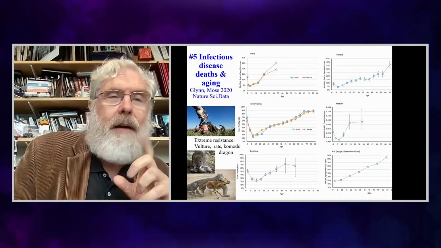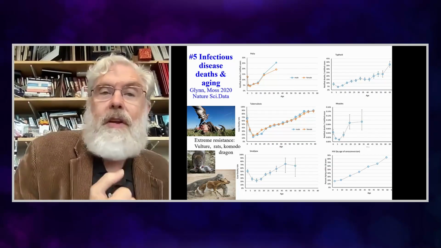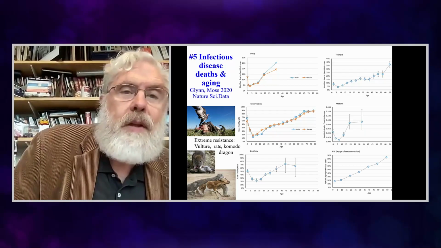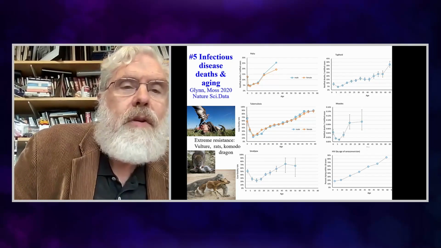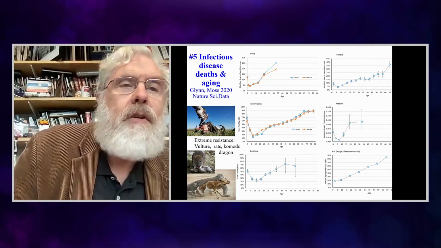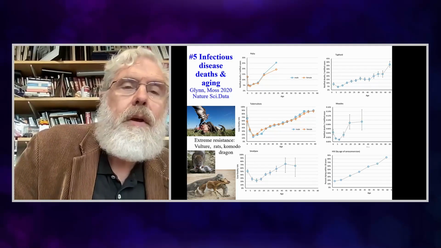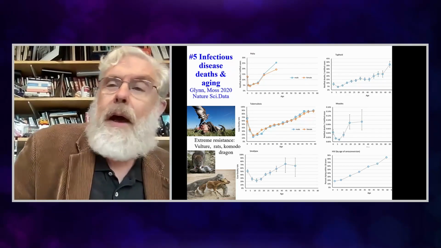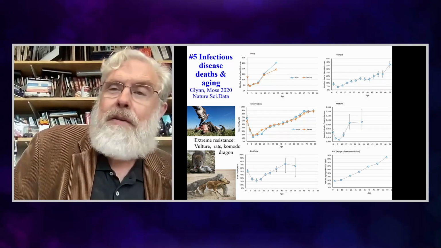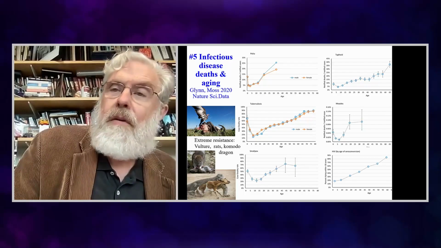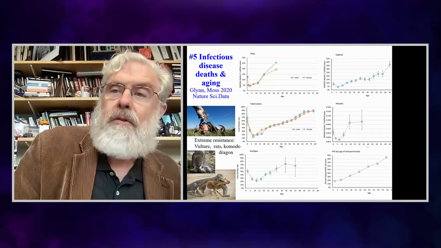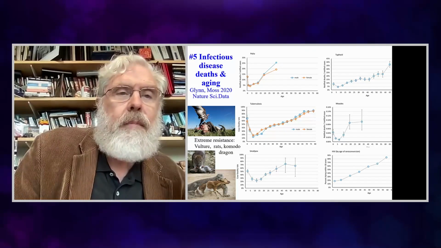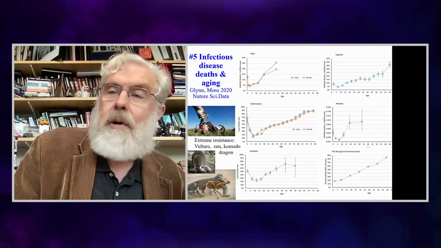Now, number 5 is infectious disease. Infectious disease is a big part of aging. It is age-related. This is age-related infection related deaths for a variety of different diseases. I have to inject the zoology here, which is there's several diverse, somewhat unrelated species, the vultures, rats, the Komodo dragon are examples.